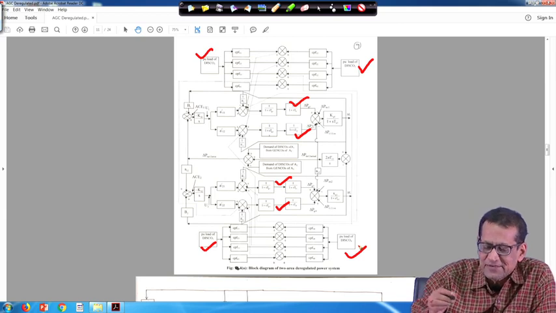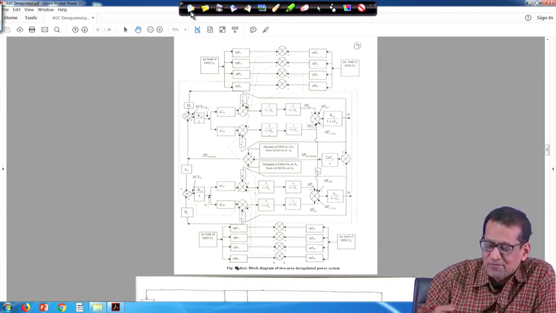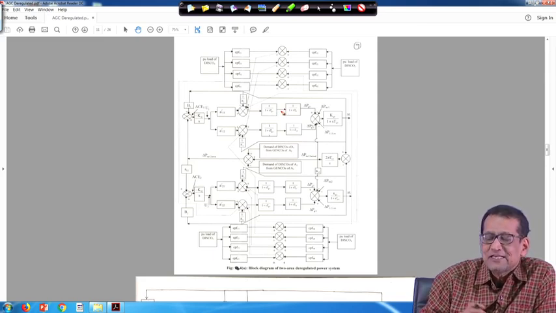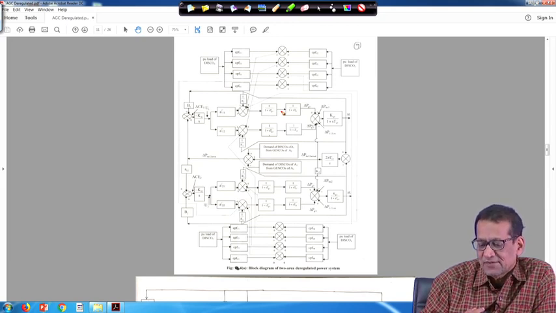Now, how will we conceive this block diagram, because the block diagram of a deregulated system is certainly different. We have just seen the contracted power demand for this unit: CPF11 delta PL1 plus CPF12 delta PL2 plus CPF13 delta PL3 plus CPF14 delta PL4.